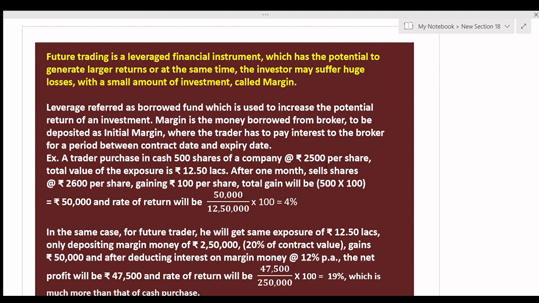Before I start, I would like to address one comment from a viewer who underlined a statement which is given here, that is, futures trading is a leveraged financial instrument which has the potential to generate larger returns, or at the same time the investor may suffer huge losses with a small amount of investment called margin.